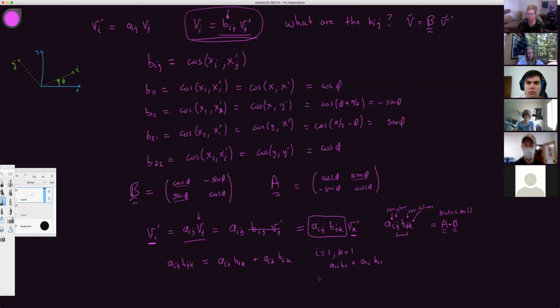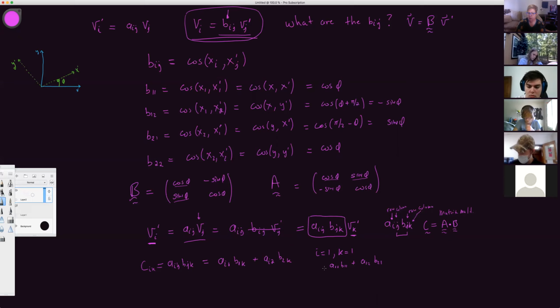So we can do more. When that means that this right here, this object, whatever this is here, I'm going to call that C, has two free indices, i and k, and it is the matrix that results from the matrix multiplication of A and B, right? So here I can write that as C matrix equals A dot B, right?